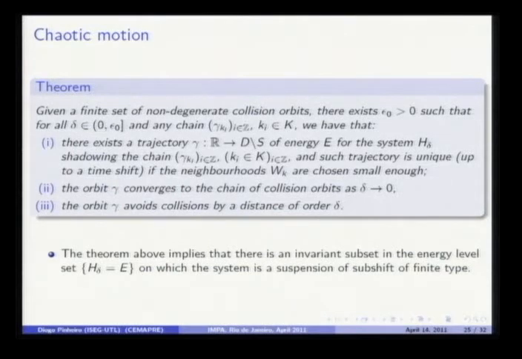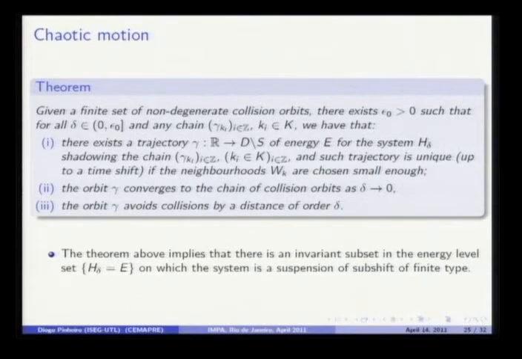Given a finite set of non-degenerate collision orbits, there exists some positive constant epsilon naught such that for all delta, where delta is the parameter controlling the size of the interaction potential, small enough, and any chain gamma ki that you can build, there exists a trajectory gamma from R to R^d except the lattice points, of energy E for the system H delta, which shadows the chain gamma ki.